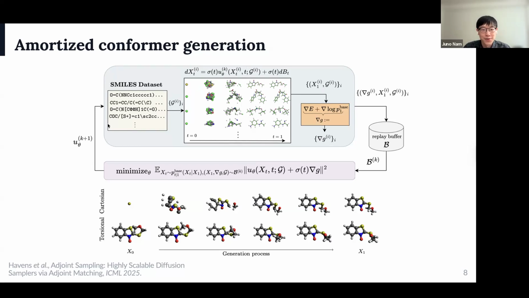And by doing so, we obtain an amortized conformer generator that is trained just by energy on some training SMILES dataset, and that could be inferred on a different set of SMILES strings. So basically we get a conformer generator that is learned by energy function.